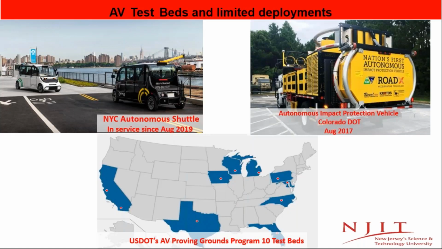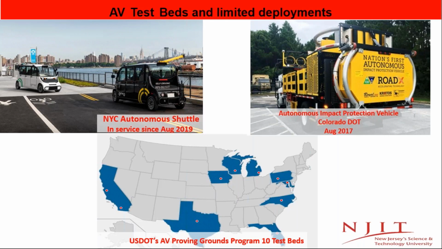We're going to introduce a few real-world pilot programs for AVs. On the left side, you can see the NYC autonomous shuttle, which has been in service since August 2019. This shuttle is servicing private roadways in the Brooklyn area, New York.